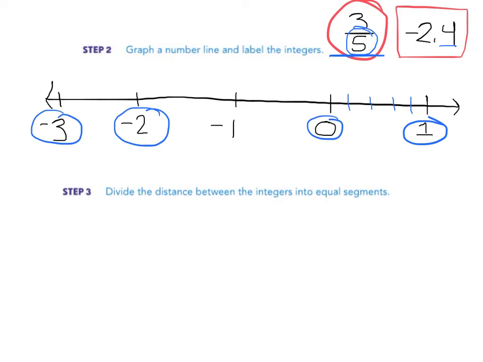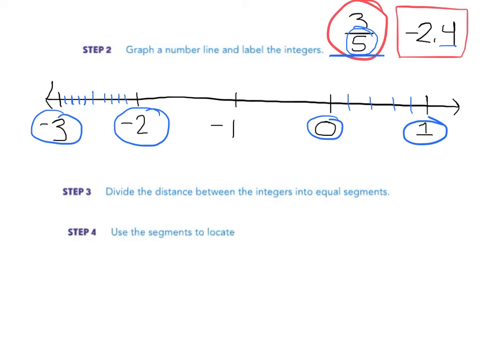So I'm going to break it up into half, and then I'm going to try and get my 5 little lines in each half. 1, 2, 3, 4. I think I have too many. Whoops. Let's try that again. Alright, 1, 2, 3, 4. All right, there we go. Now, let's look at the next step.